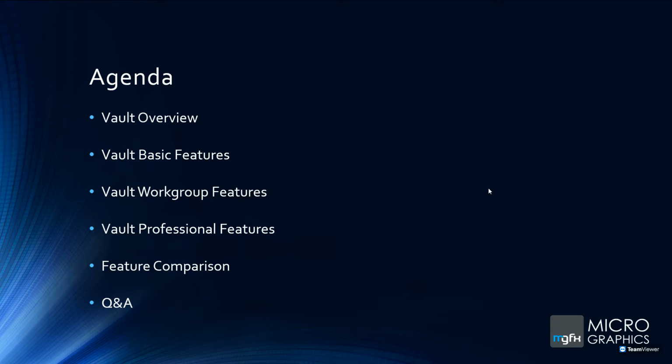And after looking at the Vault Basic features, we'll see how Vault Workgroup builds up on top of those basic features, and what are the changes there. And then Vault Professional features, we'll see how Vault Professional adds even more functionality than Workgroup. Then we'll wrap it up with a feature comparison as well as Q&A.